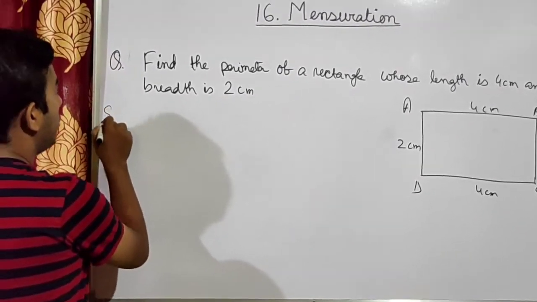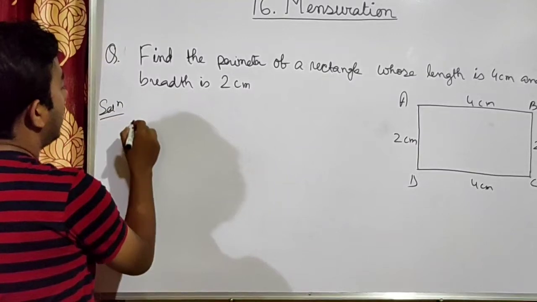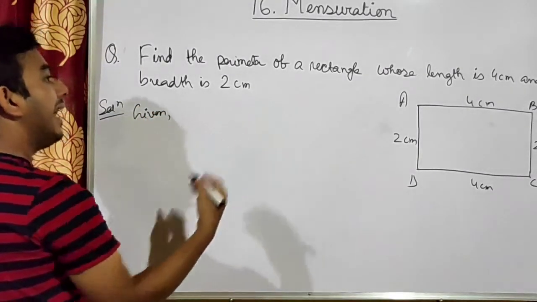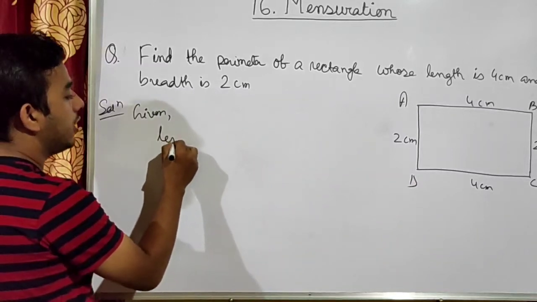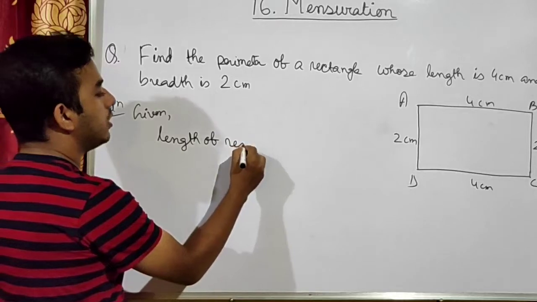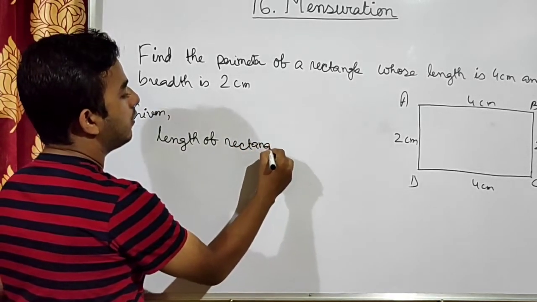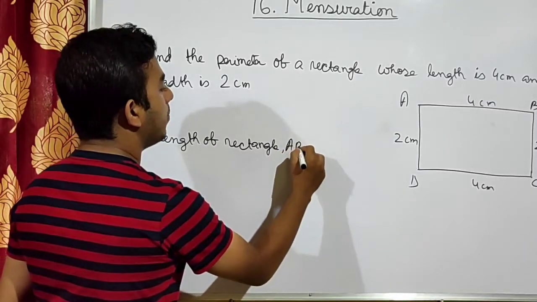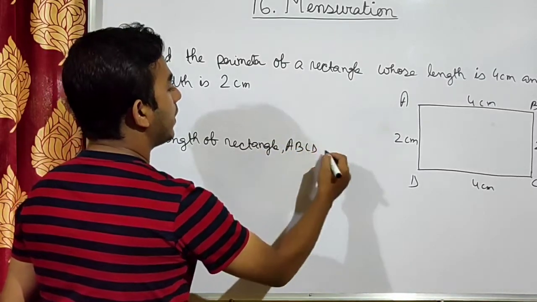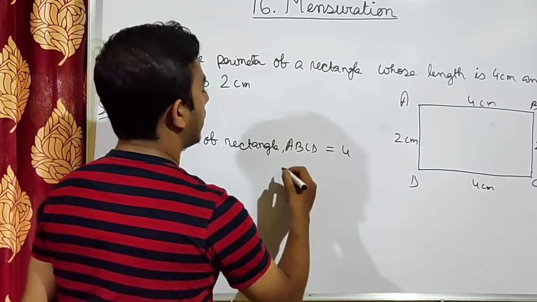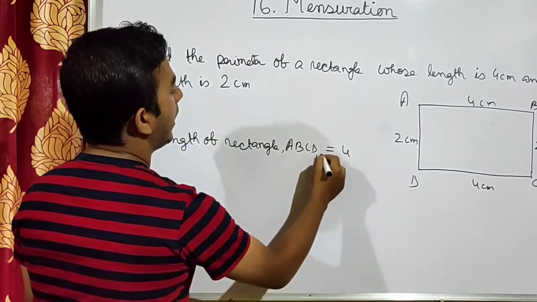So let's write solution, then given. What is given? Length. So we'll write length of rectangle, comma, the name of the rectangle is ABCD.